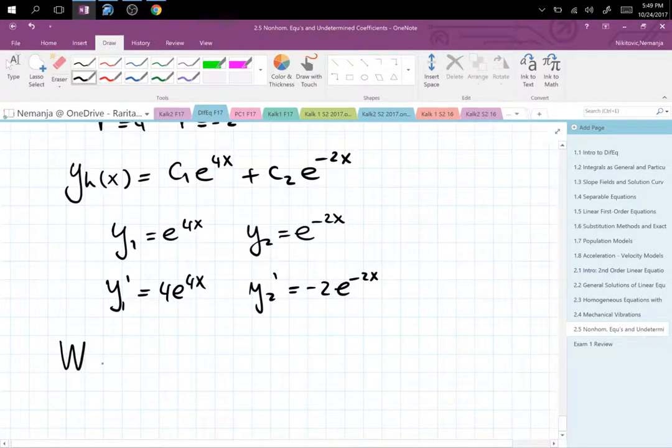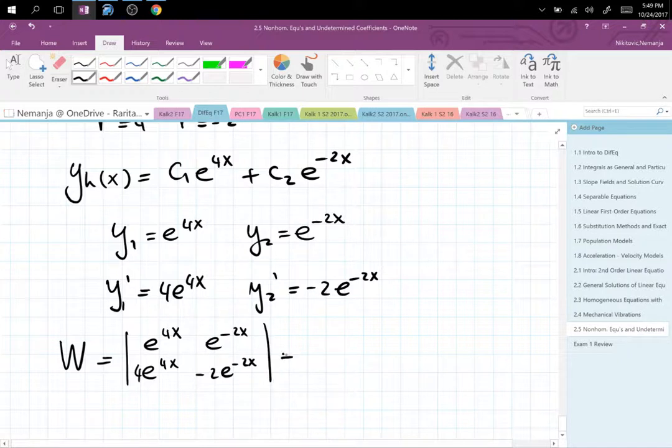And then we stuff that into the matrix and we run the thing. So negative 2e to the 2x minus 4e to the 2x, negative 6e to the 2x.